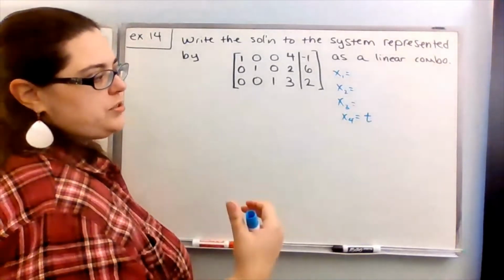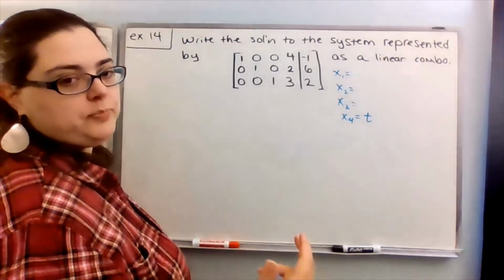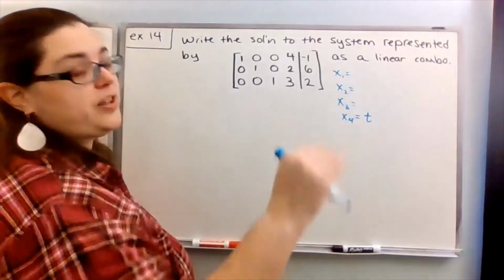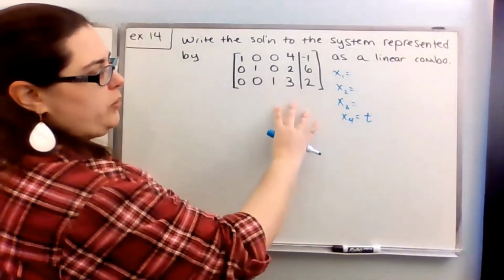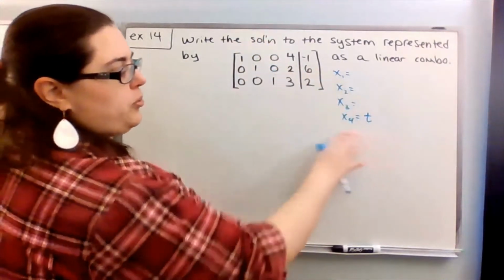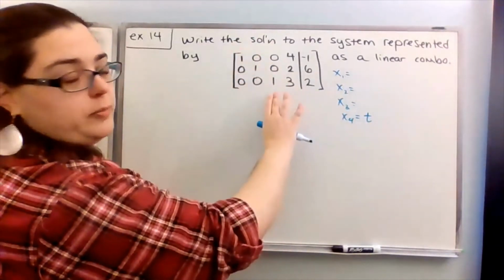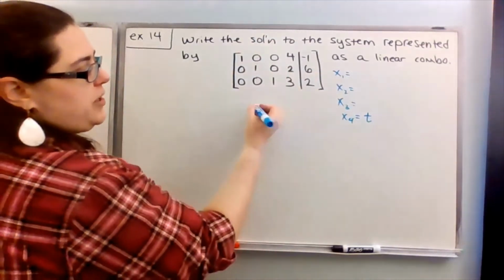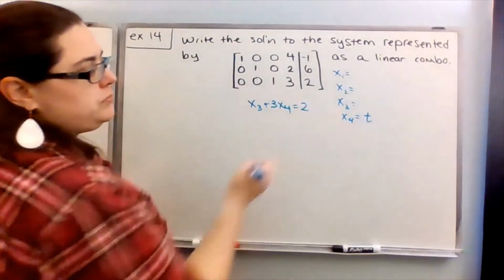Now, if you want to do these next couple of things in 2 steps, you can. If you want to do them in 1 step, you can as well. To demonstrate what it looks like in 2 steps, that's what I'm going to do for the first one, and then I'll do the others in just 1 step. I like to work my way up here in case I need to substitute in any parameters or previously defined variables, because of how the leading values go in our matrix. So the first equation I'm going to look at tells me that x3 plus 3x4 is 2.